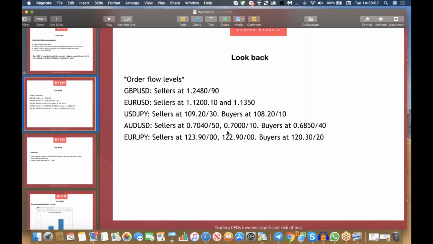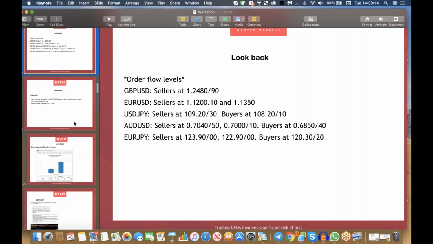Big banks, big funds recognize where lots of orders are, and these orders get circulated around. So this is just a collection of some of those orders. The order that was really interesting is there's a lot of sellers at 1.12.